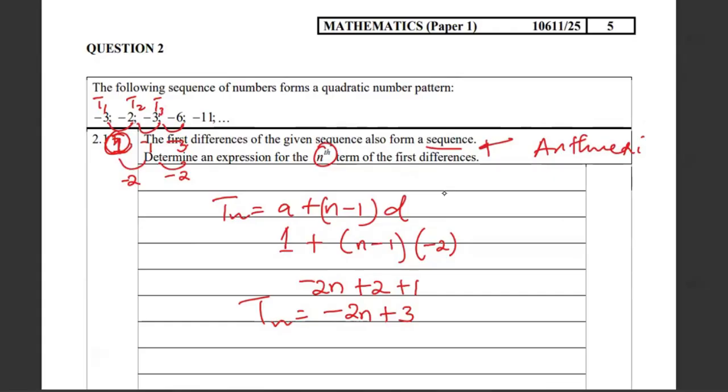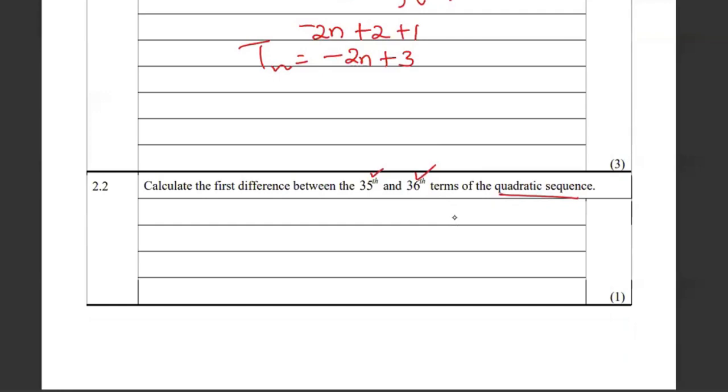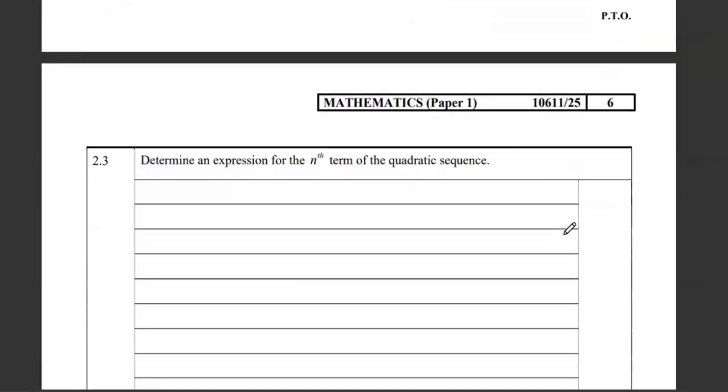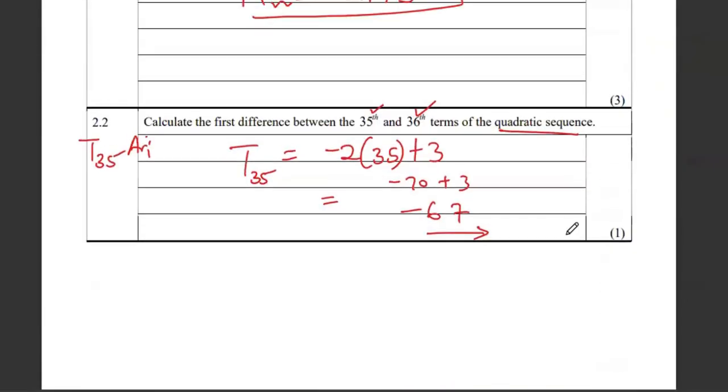Term number 3 is between T3 and T4, meaning that in this case, we need to look for T35 of the arithmetic, which is going to be -2 times 35 plus 3. So that's -70 plus 3, which is -67.